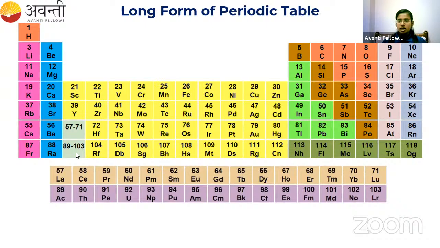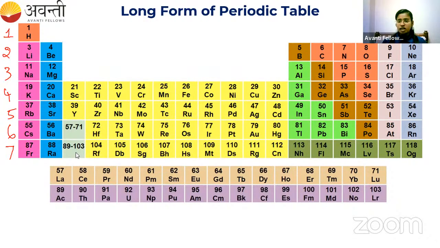Totally, how many periods? Periods are otherwise called horizontal rows. Starting from this hydrogen row, this is row number 1, 2, 3, 4, 5, 6 and 7. So there are 7 horizontal rows, which are called periods.